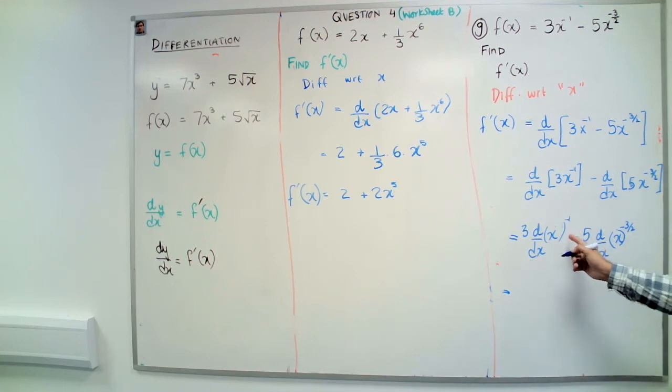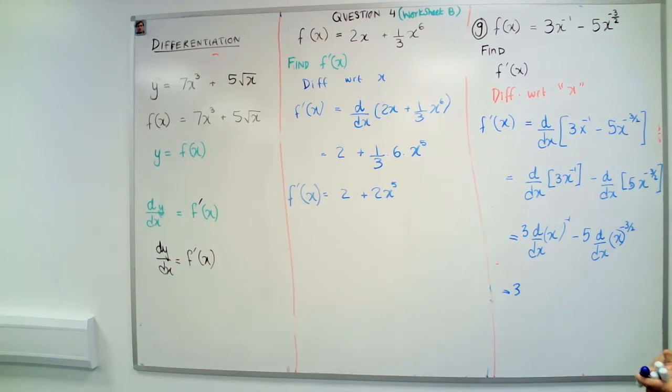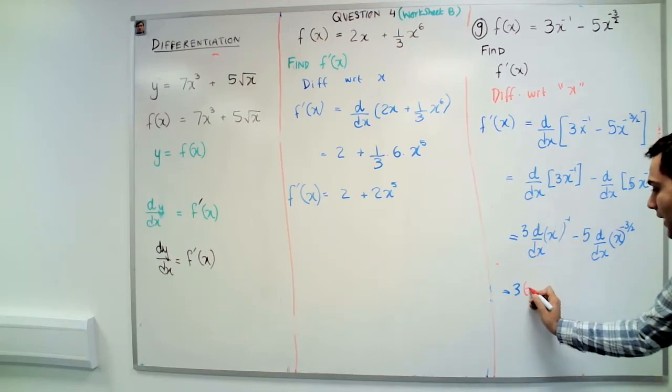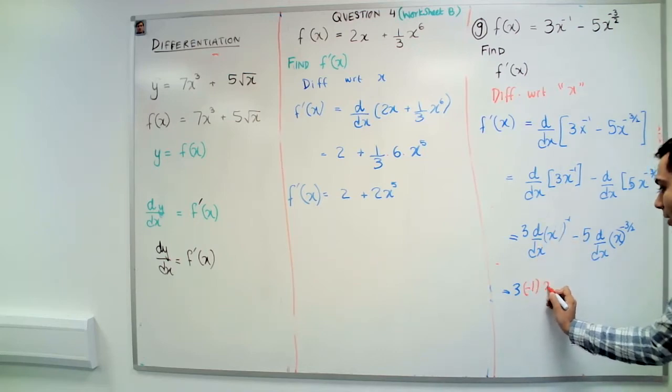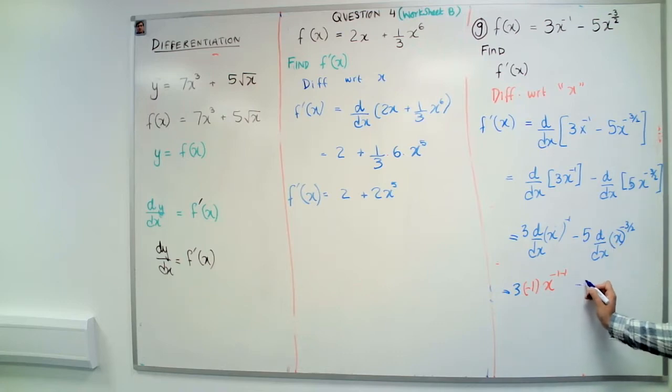This will become, the rule is, the 3 is already there. This minus 1 comes out and reduce the power of x by another 1, minus 1 minus 1. Now this one, minus 5 was already there. According to the rule, minus 3 over 2 comes out, the power comes out, and reduce the power of the x by 1.